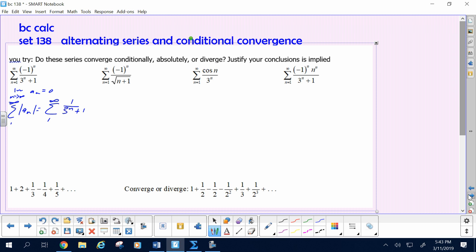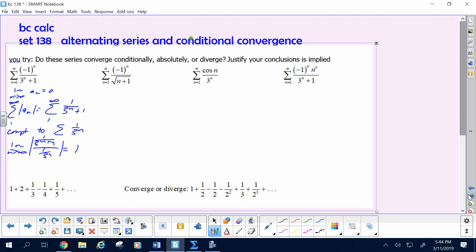And I'm feeling that will converge by comparison to a geometric, and therefore the alternating series will converge absolutely is where we're headed. So you could compare to 1 over 3 to the n, maybe by limit comparison test, 1 over 3 to the n plus 1 over 1 over 3 to the n equals 1.